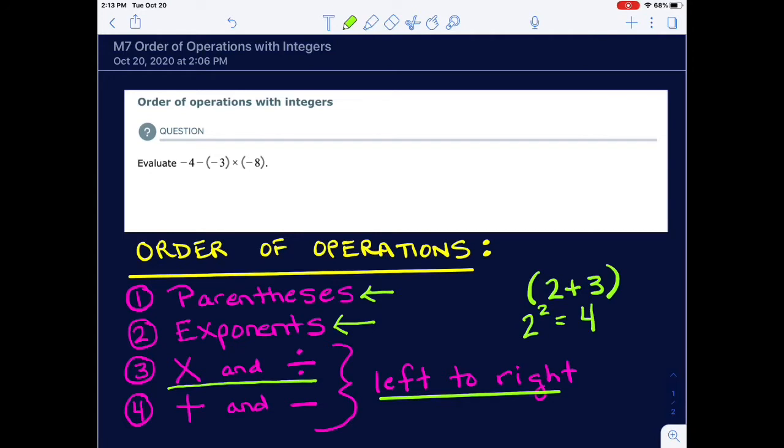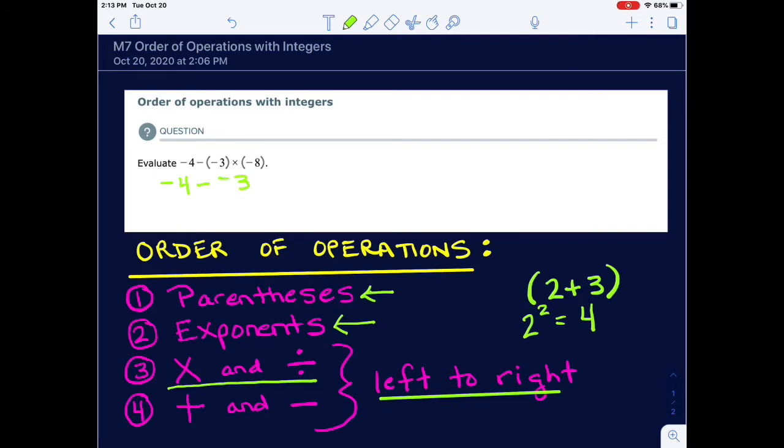So let's just read this problem so you know what's going on. It says evaluate -4 minus -3 times -8. And so I do have some multiplication to take care of there. So what I'm going to do is just keep everything the same. -4 minus -3. See why they use the parentheses?